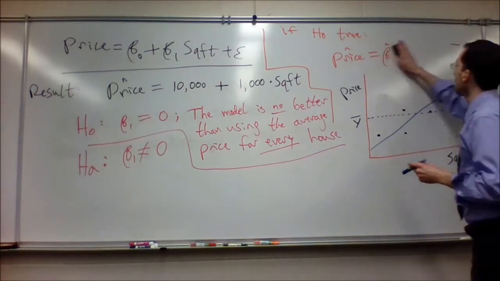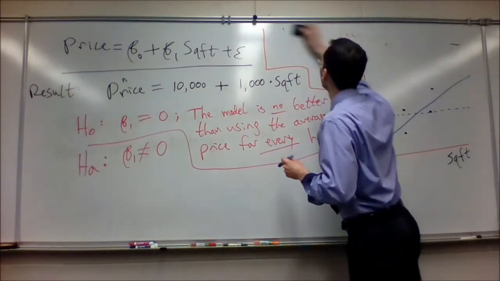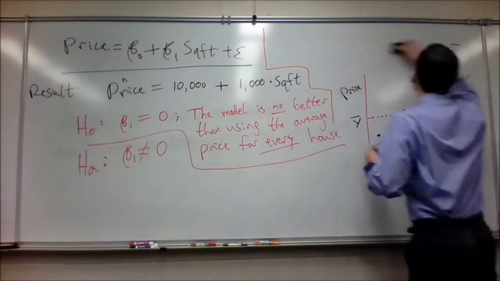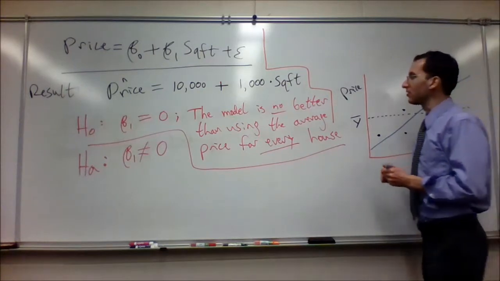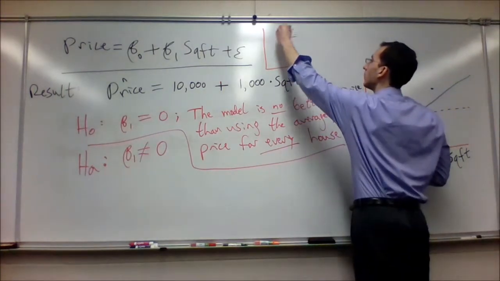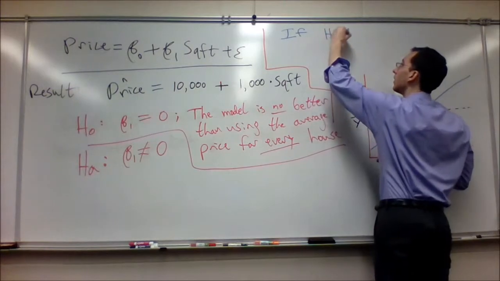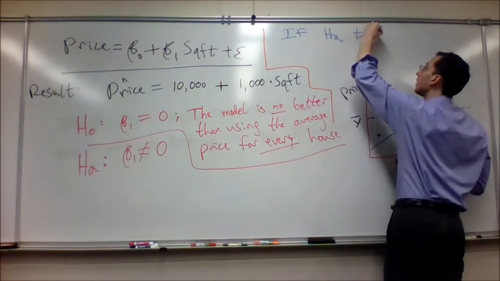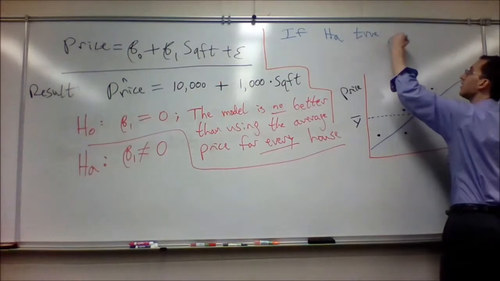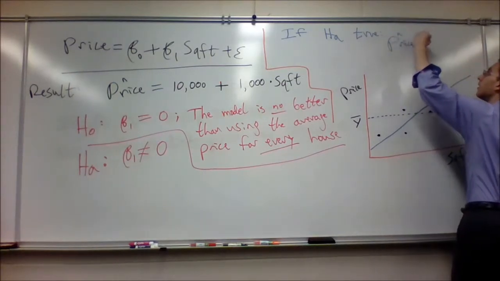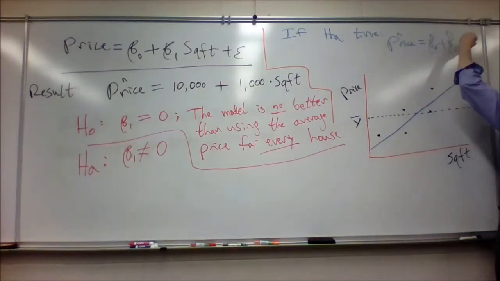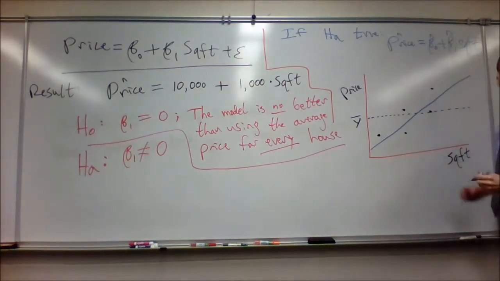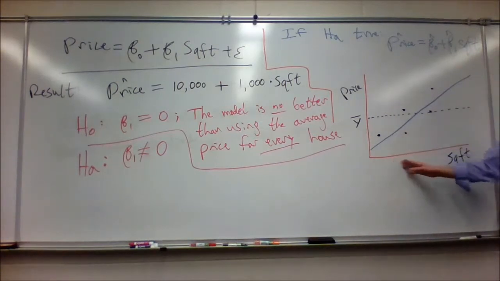So let me clear this out. So if the alternative hypothesis is true, and instead, I know that my housing price is going to change depending on which square feet I'm at.